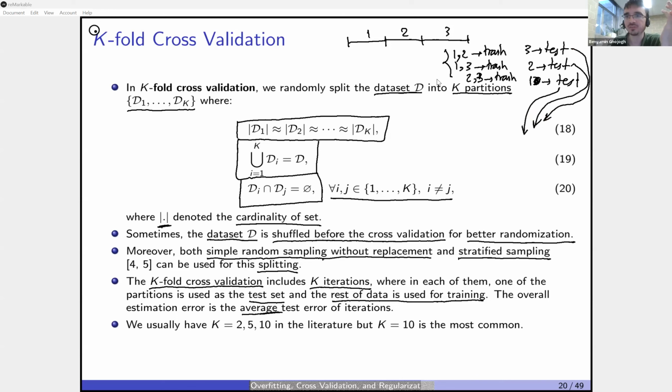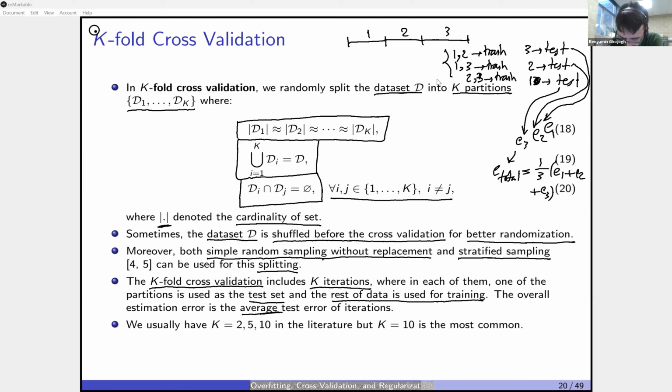Assume these give you error 1, error 2, error 3. Then the total error is 1/3 times (error 1 plus error 2 plus error 3). So we take an average of performance or average of error.